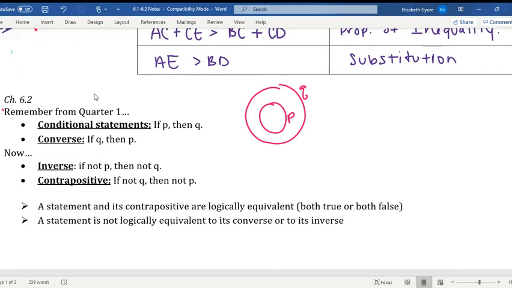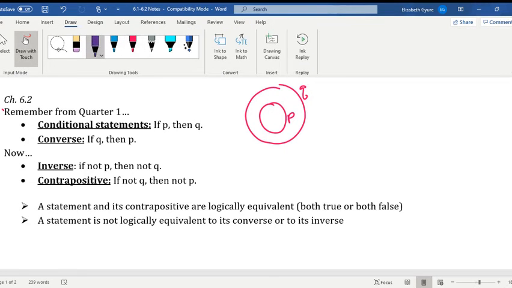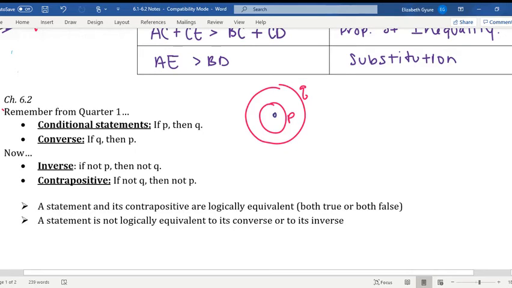Let's say you had some statement, whatever it is. If your statement is sitting inside of P, it's a true statement, then since Q is surrounding it, isn't it also technically inside of Q as well? So if it's true for your hypothesis, then it's true for your conclusion.